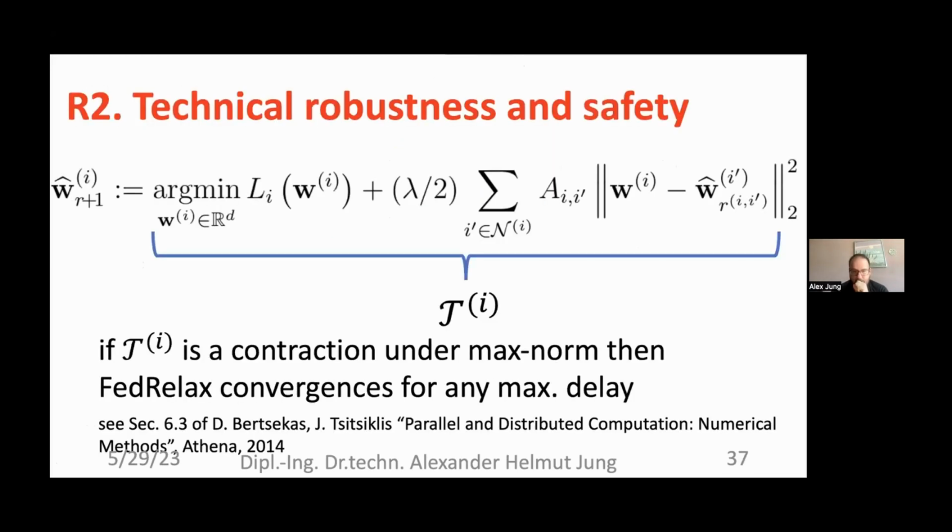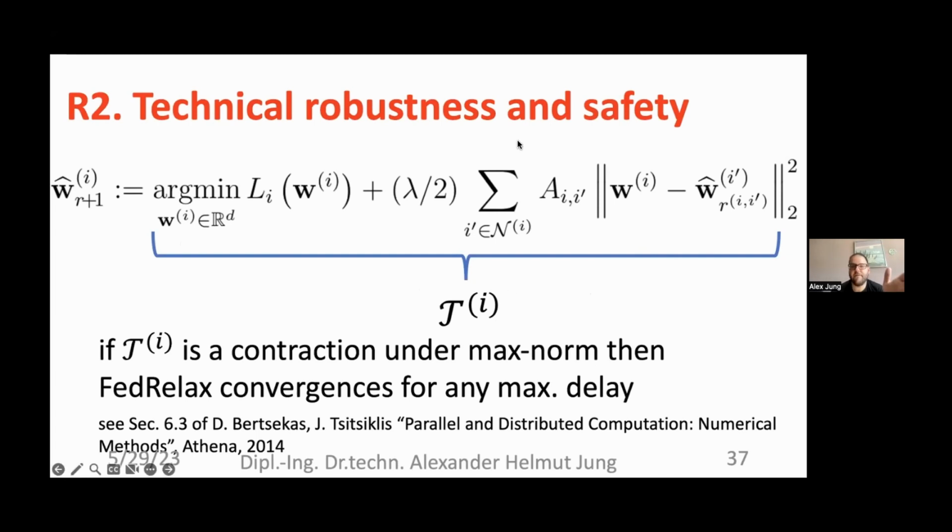And it turns out that if this update is a contraction on the max norm or supremum norm, then this fixed point iteration, FedRelax, converges for any delay. Or let's say you must have an upper bound on the delays, but it can be arbitrary. There must be a fixed upper bound on the maximum delay, but it can be arbitrary.